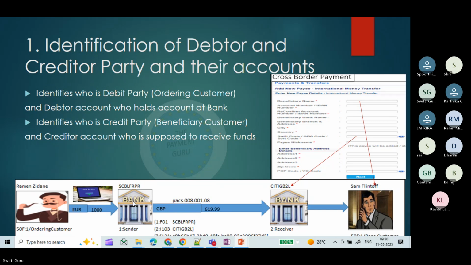Raymond Zidane is initiating a transaction, meaning they have an account at the Central Bank France. From the downstream system, which is a core banking system, they will fetch Raymond Zidane's account holder name, address, and other information, because that is required in order to send out an instruction at a later point of time. So they will do that.